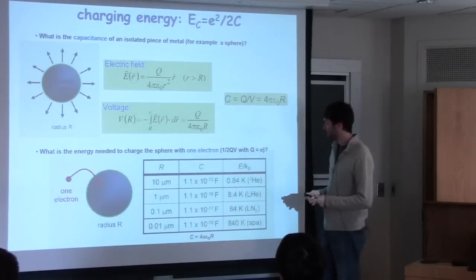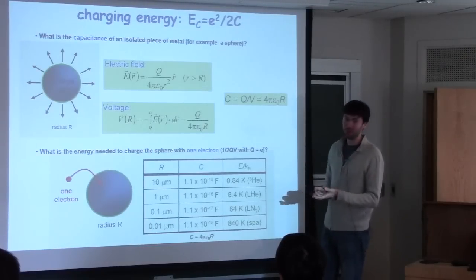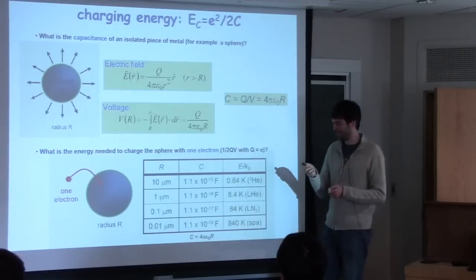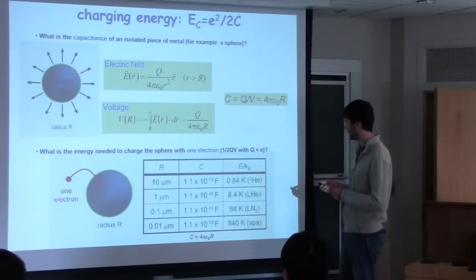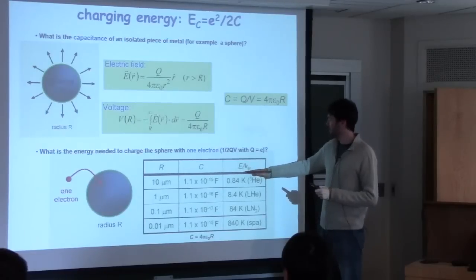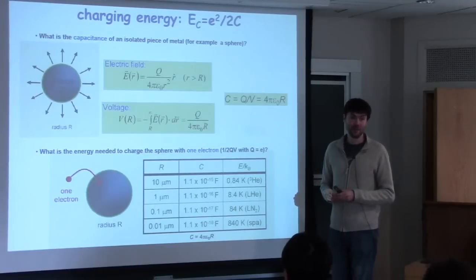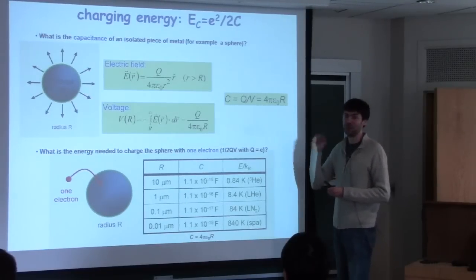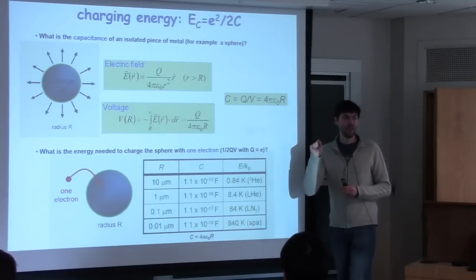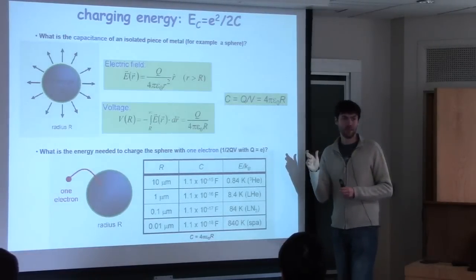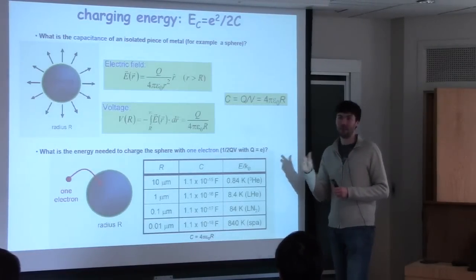The capacitors you could solder with your hands are picofarads and nanofarads. And these are the corresponding charging energies, in this case normalized by temperature. That is also a very good conversion to have in your mind: what does a temperature scale correspond to in terms of energy?